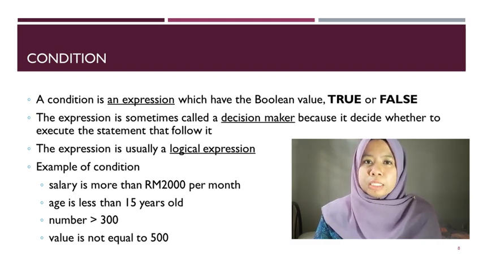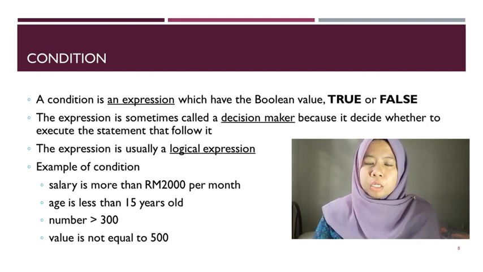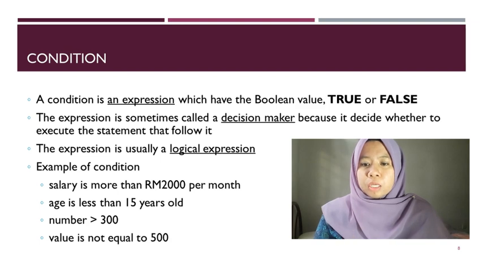As I told you in the last chapter, a Boolean value only has two values, either true or false, or as some call it, yes or no, 1 or 0. Now we focus on true or false. The expression itself is sometimes called a decision maker because it decides whether to execute the statement that follows it. The expression is usually a logical expression.